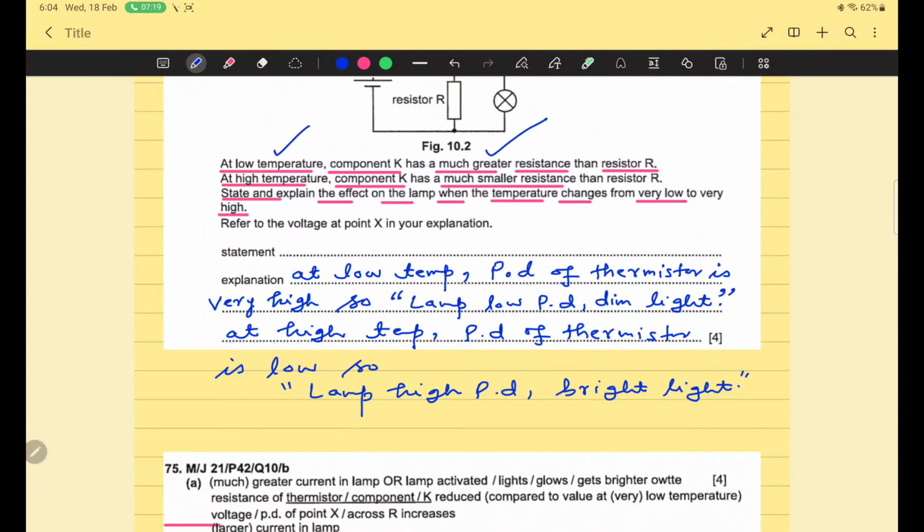So by this explanation, now I can write the statement. The statement is: dim lamp changes into bright lamp.